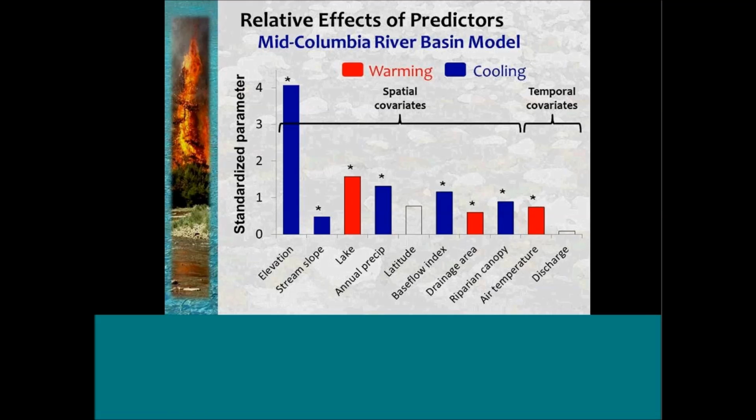Bars that are blue are effects that have a cooling effect. Bars that are red have a warming effect. And the hollow bars were predictor variables that didn't have a statistically significant effect within this particular river basin. The spatial covariates are on the left, and the temporal covariates that account for the interannual change are on the right. So this is what it looks like in the Mid-Columbia.